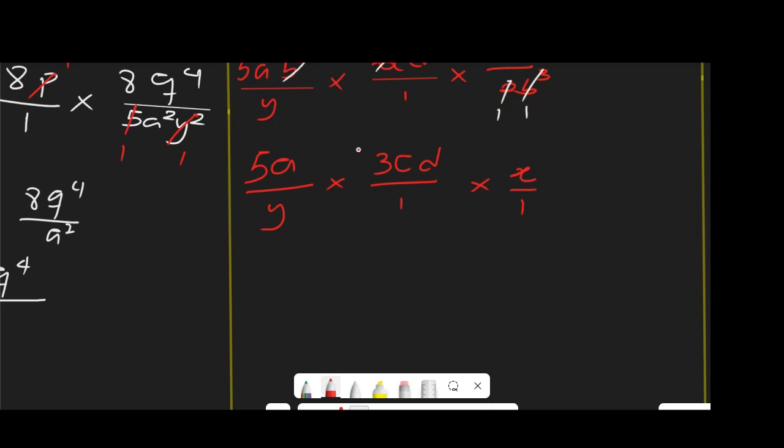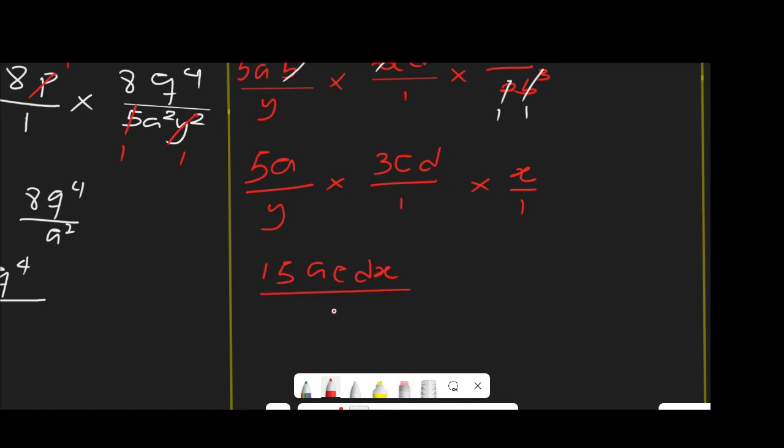Now 5 times 3 is going to be 15. So we have 15 here. So a times cd times x is going to be acdx, all divided by y.